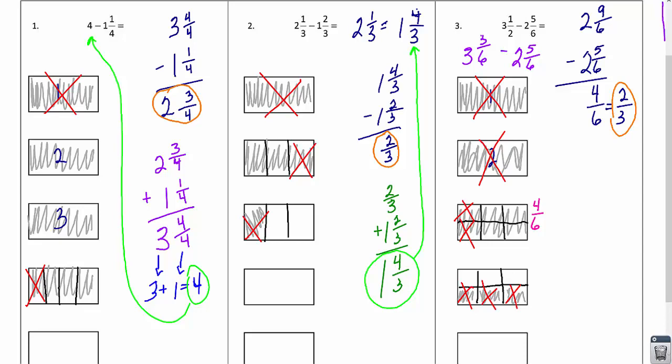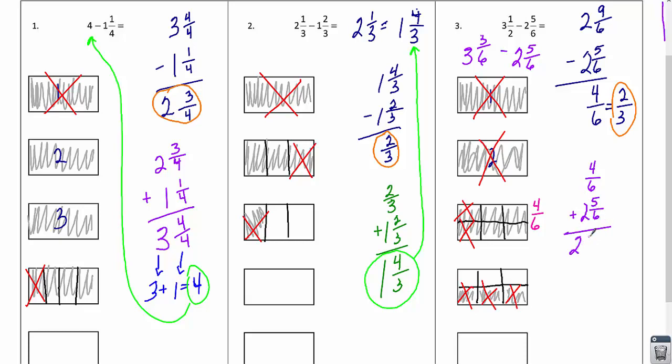Now, once again, I'm going to check my work. I'm going to take that 2/3 that I had left. Actually, you know what? I think I'll leave it as 4/6. It'll be easier to do the work there if I leave the common denominator. I'm going to take the 4/6 that I had left and add the 2 and 5/6 that we were taking away.